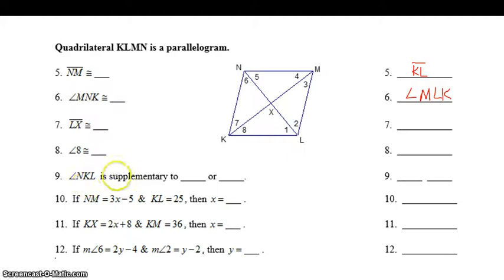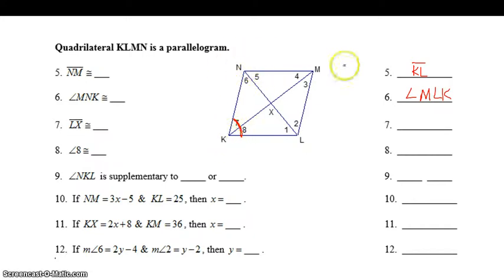Now we're talking supplementary here. So angle NKL. NKL is this angle right here, this whole angle from there to there. And it's going to be supplementary to a couple of angles because we learned that in a parallelogram, consecutive angles are supplementary. So consecutive angles are angles next to each other. So this angle N here is going to be consecutive.